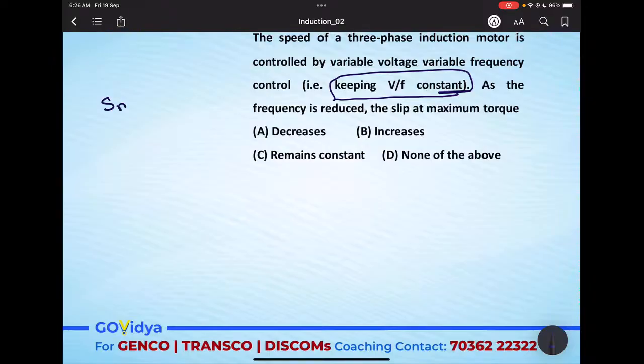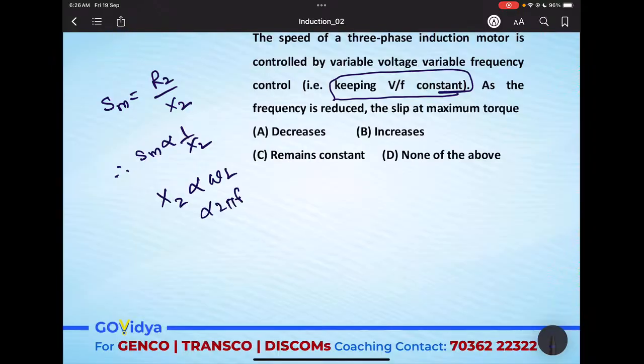We know that slip at maximum torque Sm is given as R2 by X2. Therefore, Sm is inversely proportional to X2. We know that reactance is directly proportional to omega L, or you can write it as 2 pi F into L. So X2 is directly proportional to frequency.